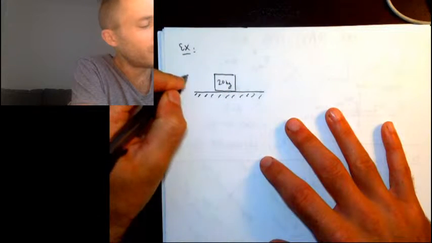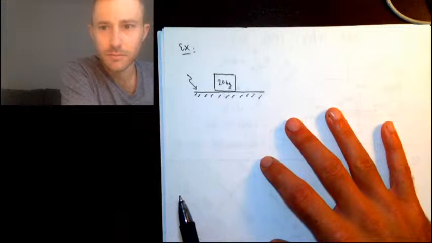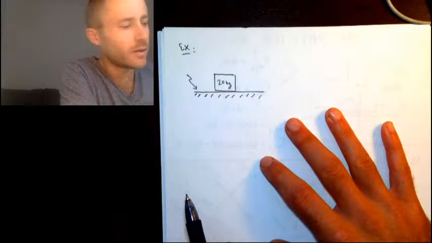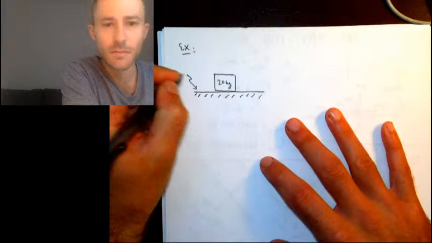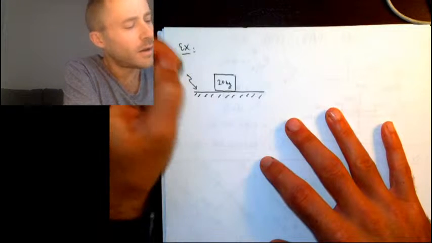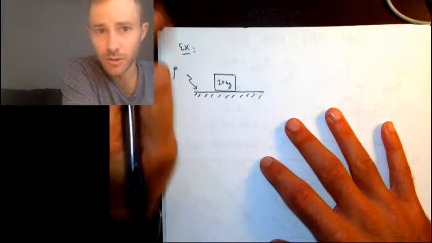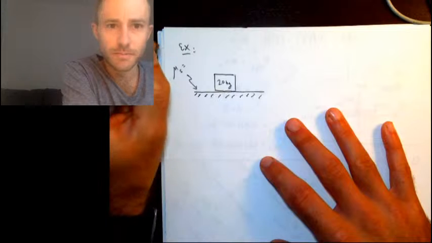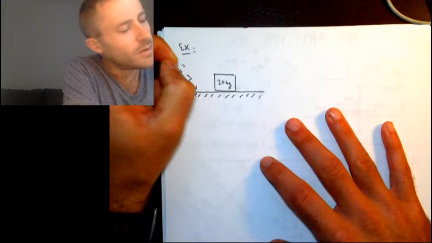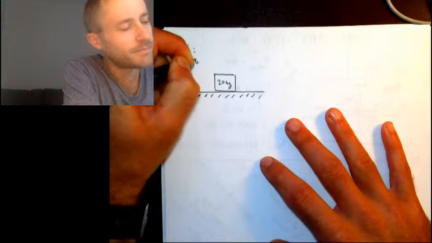The coefficient of static friction, so the block is not moving, we're talking about static friction, is equal to, let's say, 0.8.